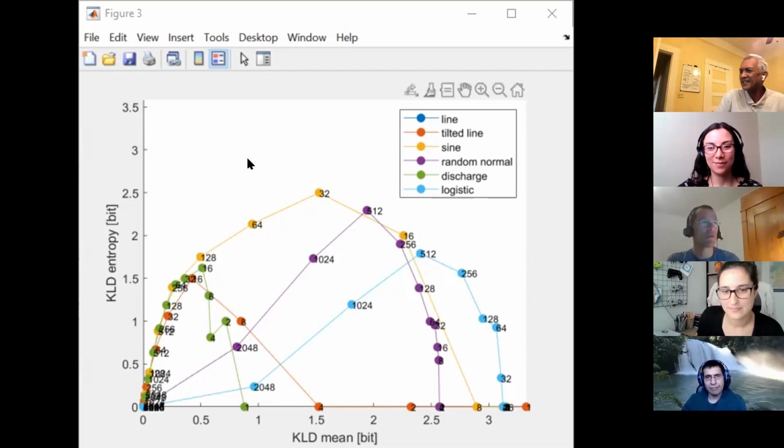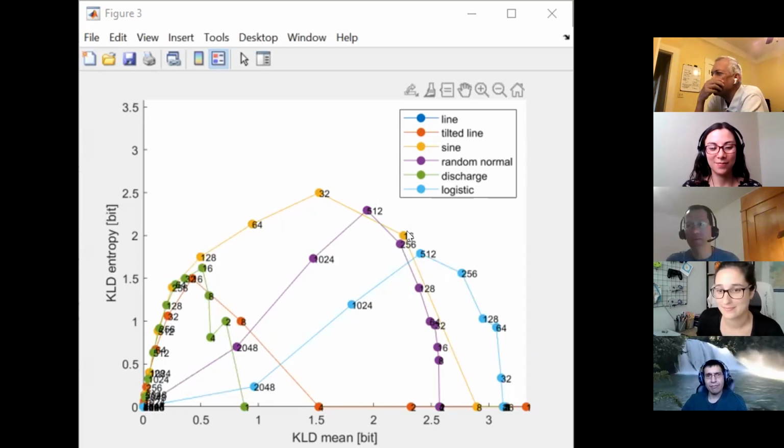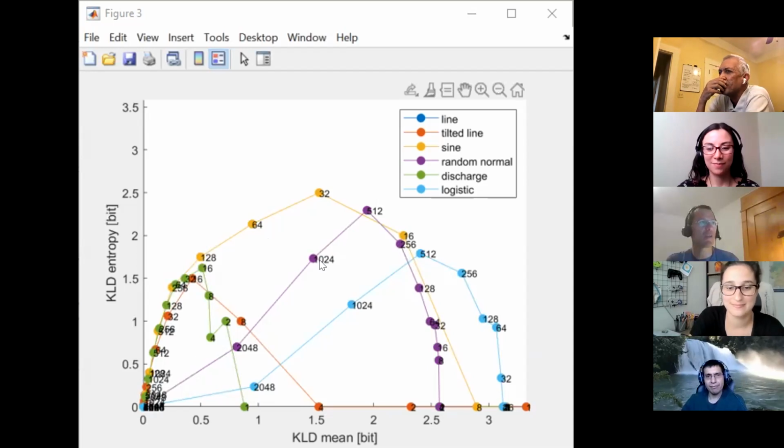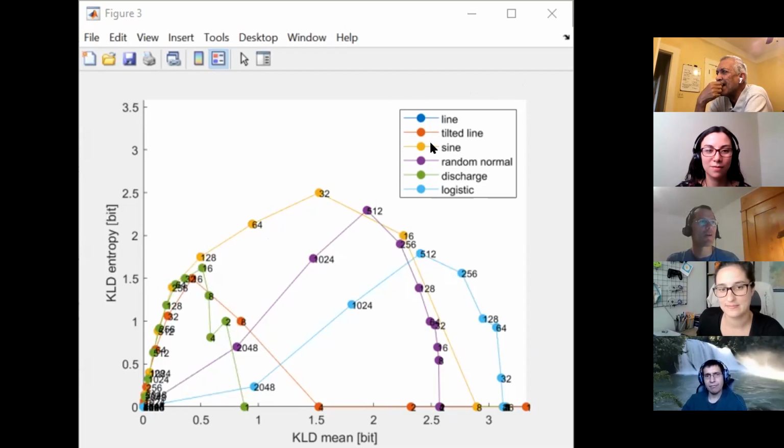Oh, this is one last picture. This is a few different series using this complexity thing. And the discharge is the green here. It looks like the one I showed. But a sine wave, for example, has a completely different shape, or a random normal.